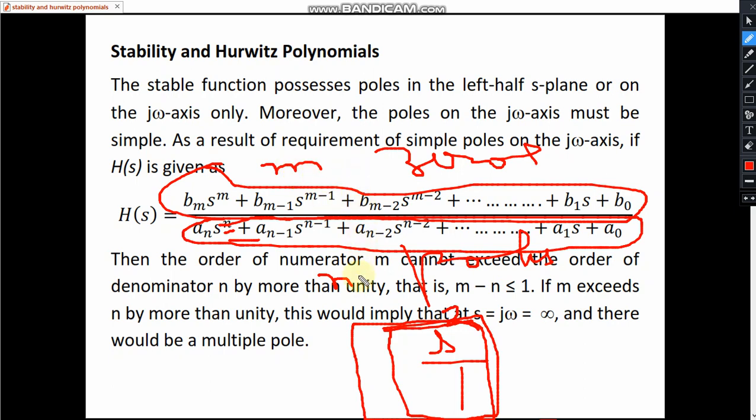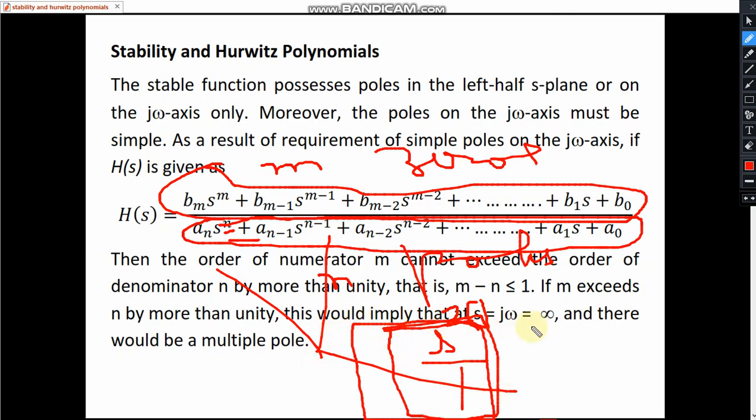If m is greater than n, then m minus n number of poles will be there at s equals infinity. Poles at s equals infinity can also be considered. We do not know whether s equals infinity is on this side or this side or this side.